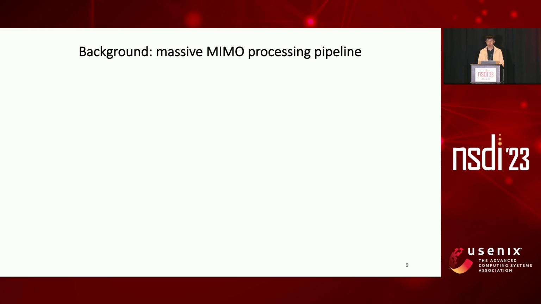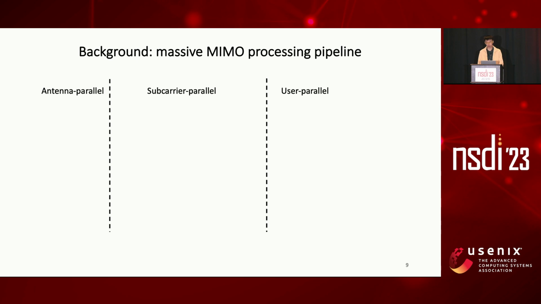Before talking about our ideas, let's look at the massive MIMO processing pipeline. Prior work has shown that the massive MIMO processing pipeline has different types of parallelism at different stages: the antenna parallel stage, subcarrier parallel stage, and the user parallel stage. The antenna parallel stage means that antennas can be processed independently and in parallel.